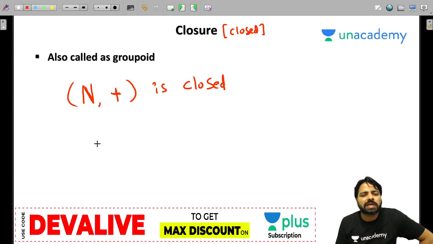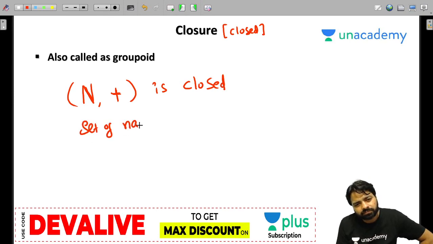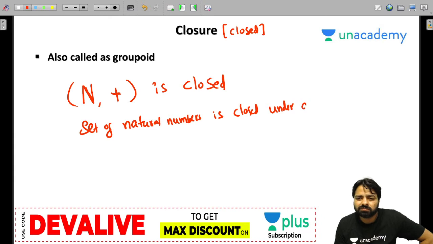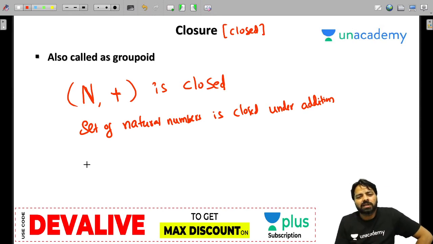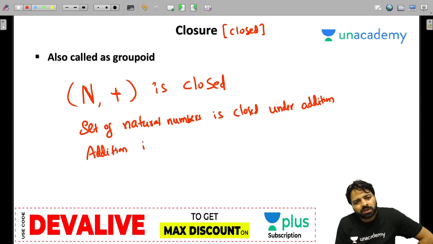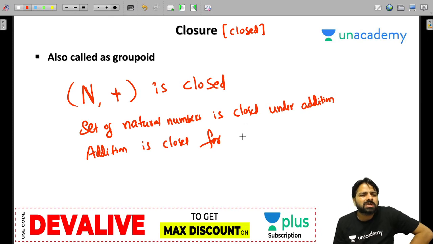If it is closed, you can say that the set of natural numbers is closed under addition. Otherwise, I can say addition is closed for natural numbers, or the set of natural numbers.